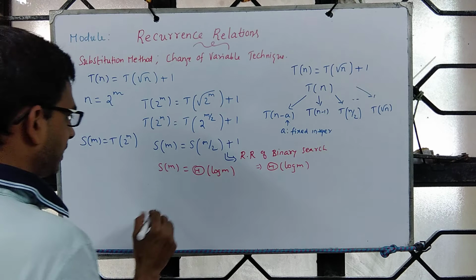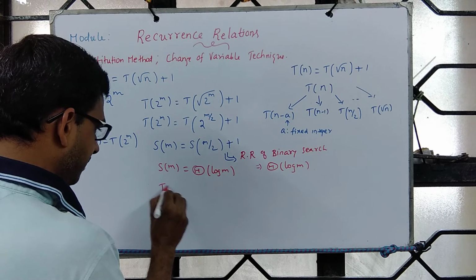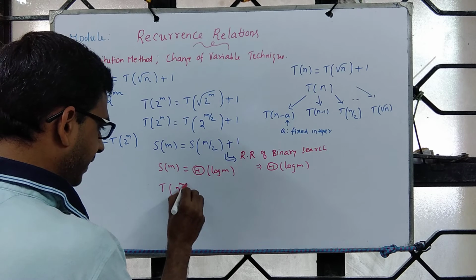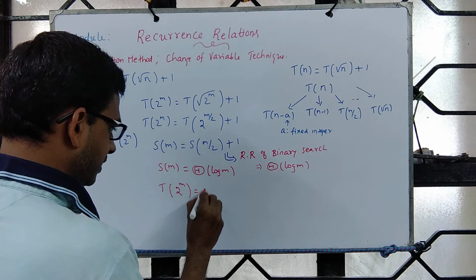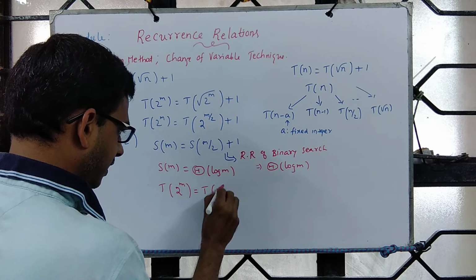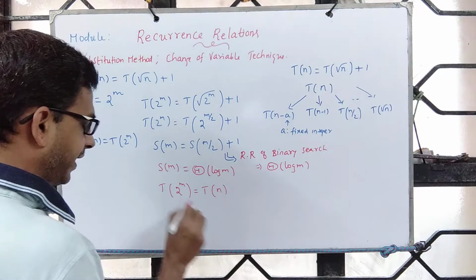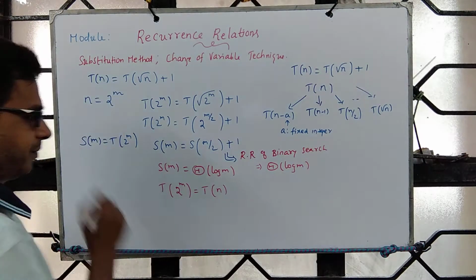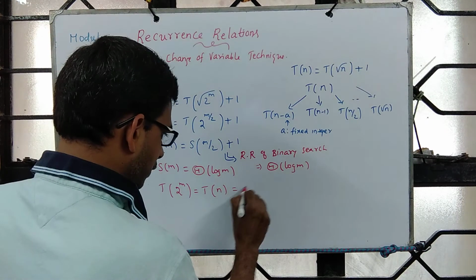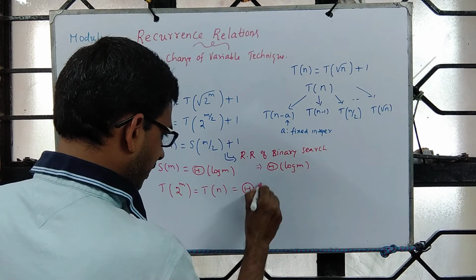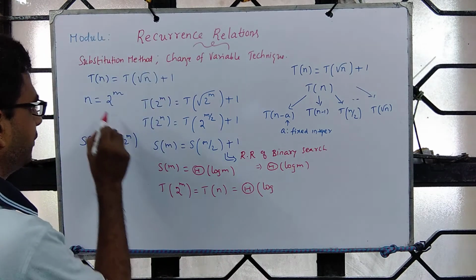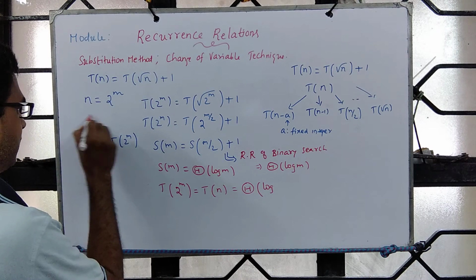And what is s of m? S of m is theta of log m, which is t of 2 power m, and which is t of n. N is 2 power m, and that shows that instead of m, you substitute a value which is a function of n.